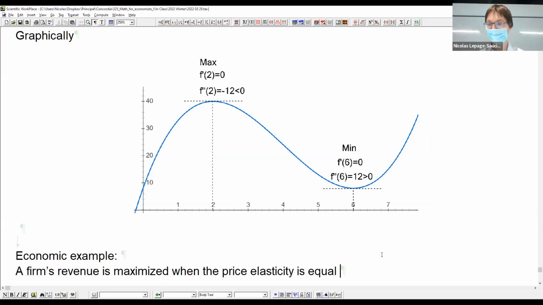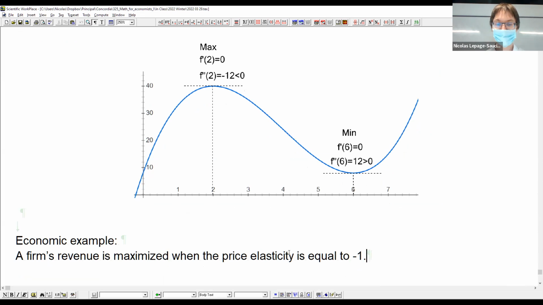Okay, a firm's revenue is maximized when the price elasticity is equal to, and it's -1, of course, because the derivative, so the demand is always a negative function, or most of the time. So then we want a price elasticity of demand that's equal to -1. So let's find out how.